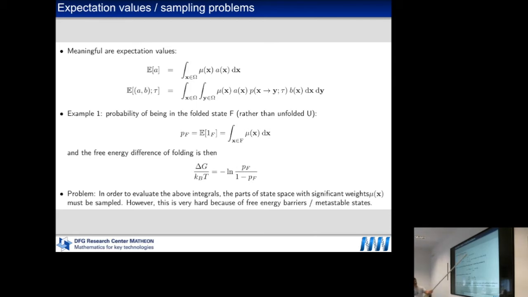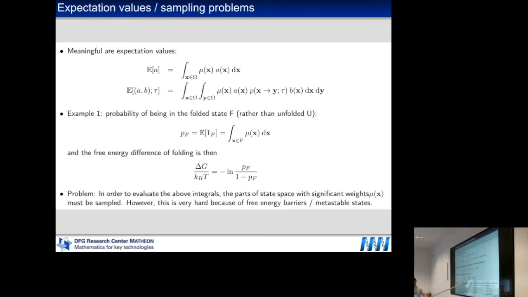So we just define A equals 1 when we're in the folded state and 0 when we're not. And then this equilibrium average with this A will just give us the probability to be in the folded state. And likewise, we could compute the expectation value of some fluorescence that is experimentally measurable, the expectation value of some distance, something like this.